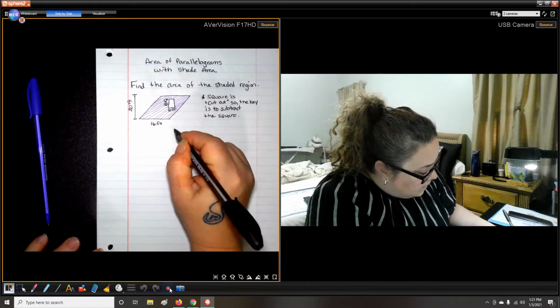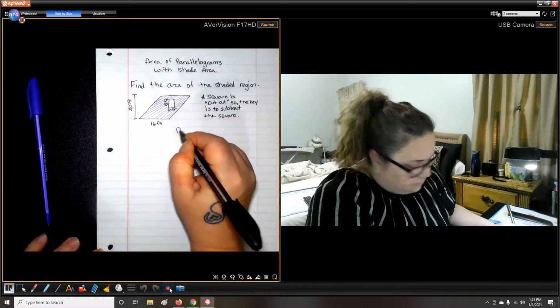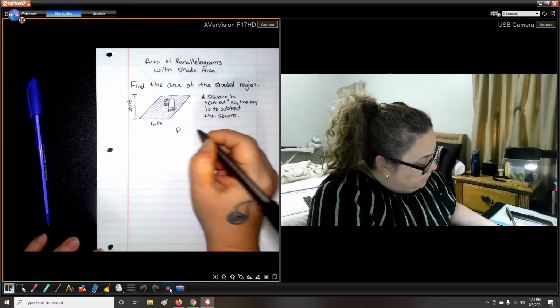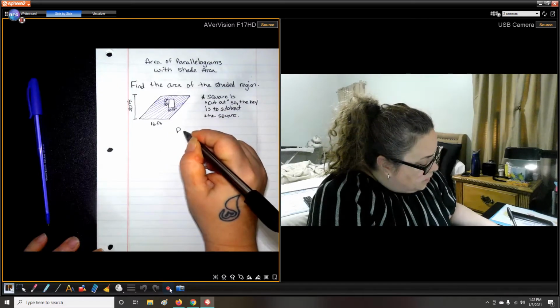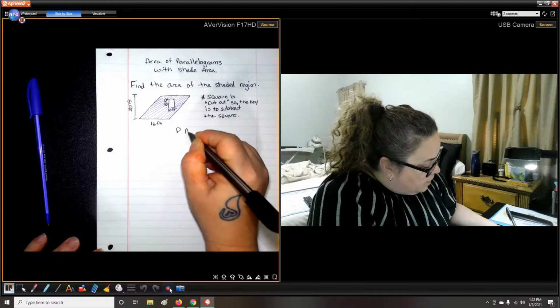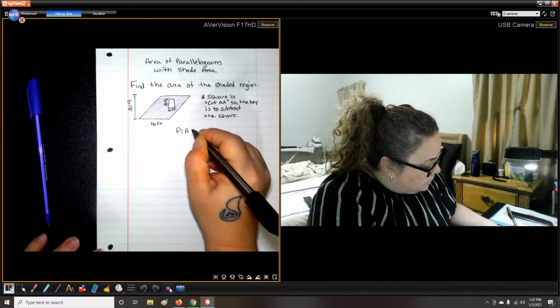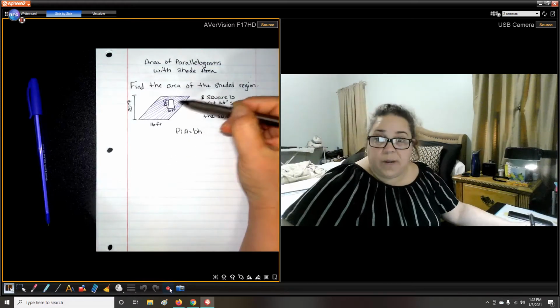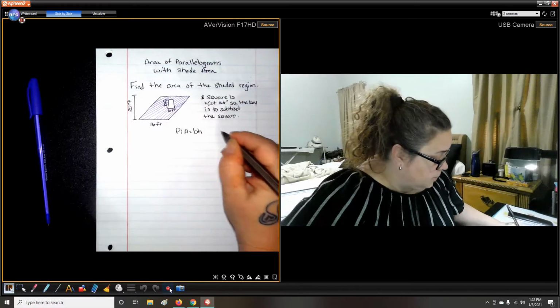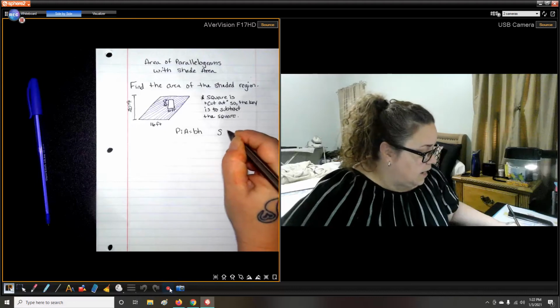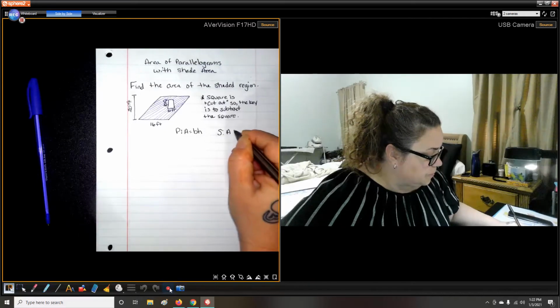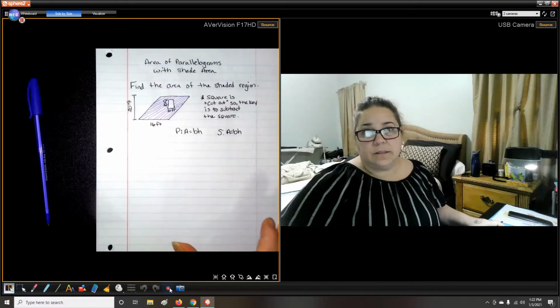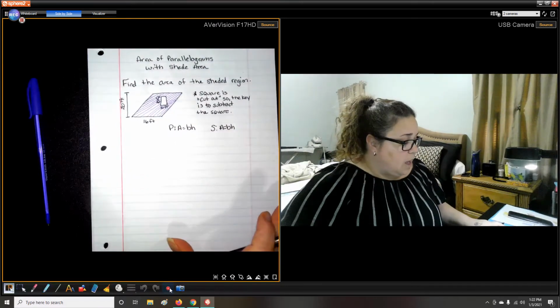The polygon is going to be area equals base times height. All right, then we have a square. The square is going to be area equals base times height. Okay?